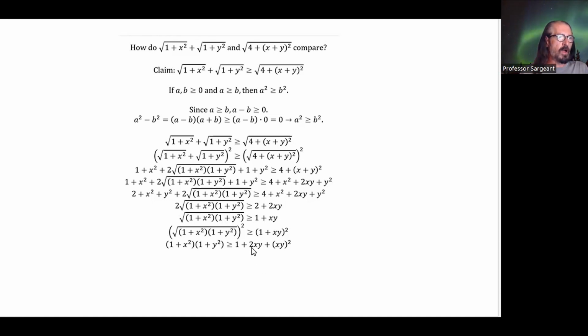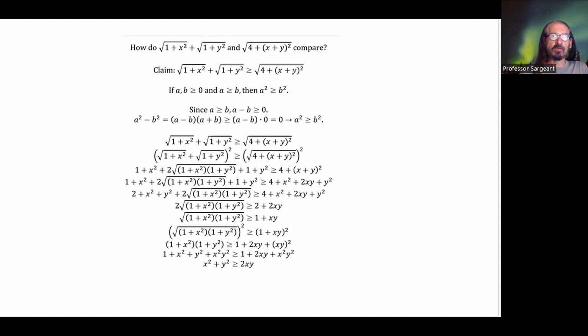Now notice that xy quantity squared is the same as x squared y squared. I'm also going to multiply things out on the left-hand side. Subtract 1 from both sides and subtract x squared y squared from both sides. Again, that's not going to change the direction of the inequality symbol. That would only happen if we were multiplying or dividing by a negative.